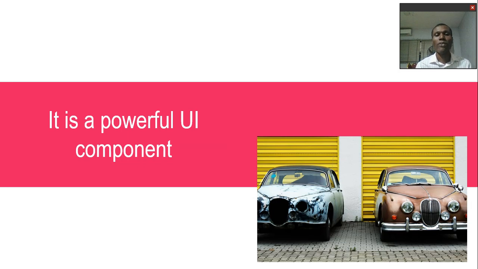It's a powerful UI component. You can see the support it brings in by comparing these two vehicles here, and I guess the one you would want to choose. The one on the left may have a good engine but an ugly face, while the one on the right is polished outwardly.